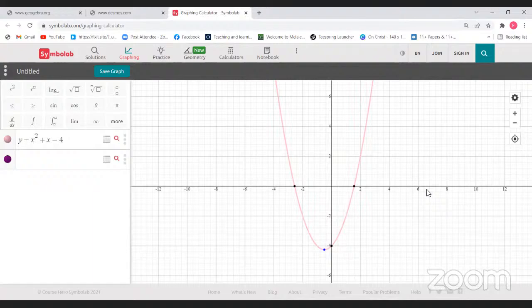Right, beautiful. Right where the blue dot is, that's the turning point, and that point is a coordinate. Tell me the coordinate.